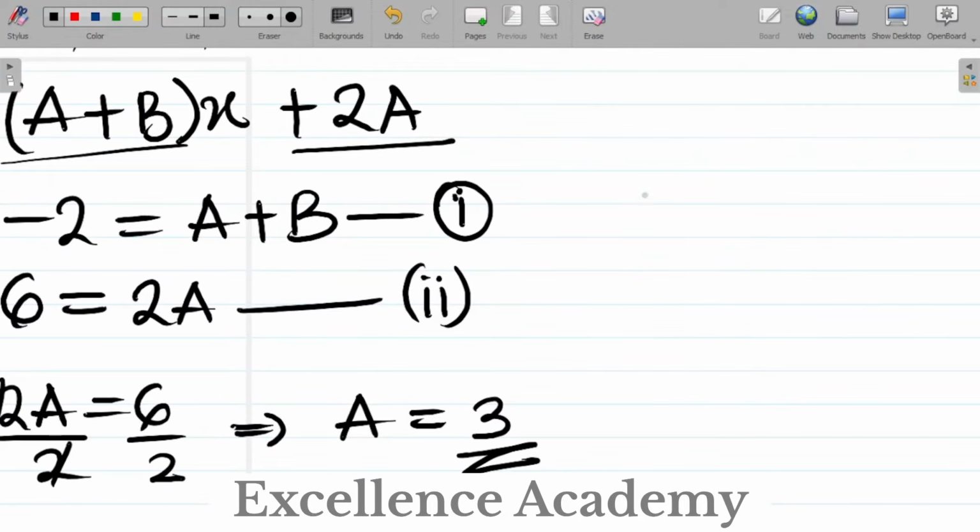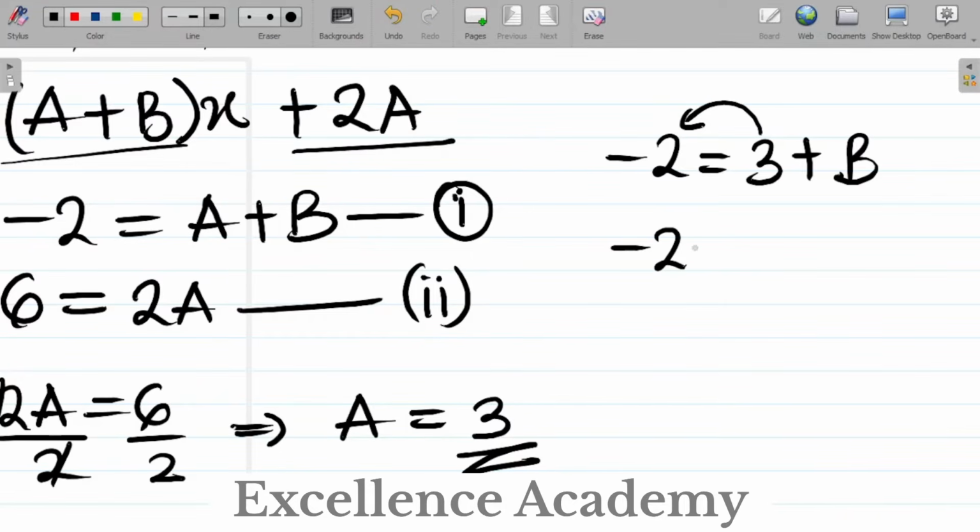Minus 2 is equal to a plus b, that's 3 plus b. Move 3 over, it becomes minus 2 minus 3 is equal to b. Minus 2 minus 3 is minus 5, so b is equal to minus 5. With this, we've gotten the values of a and b.